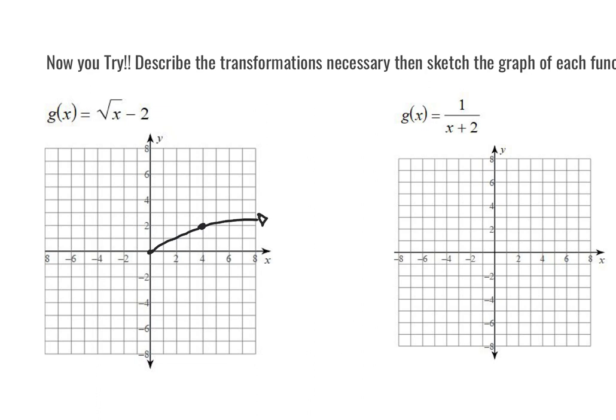So I only have 2 points to really use in my translation here. The number is on the outside, meaning it's not directly affecting x, so this is a vertical translation. Because it's -2, we're going to go down 2. So every point I plotted originally will just go down 2, but it'll stay in the same shape.